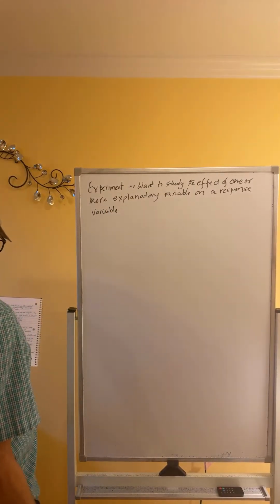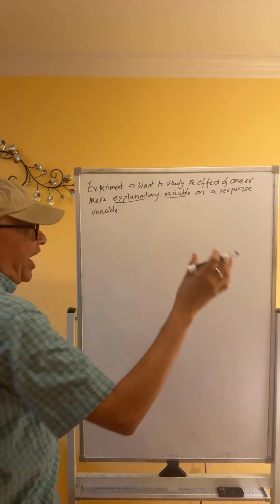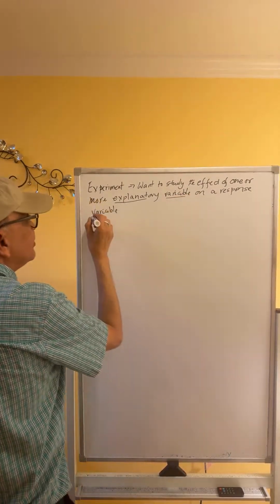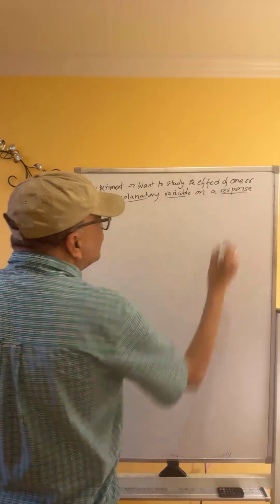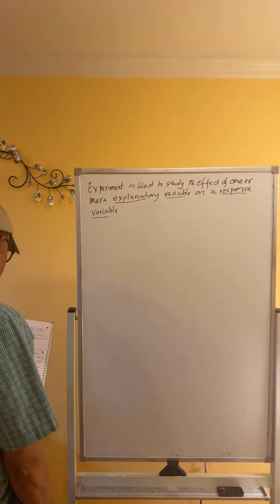So an explanatory variable is a factor that explains the results, the response variable. The word explanatory comes from explain.